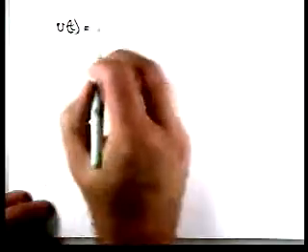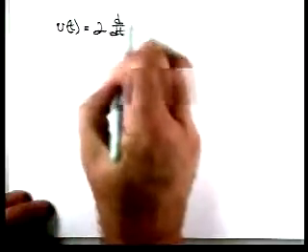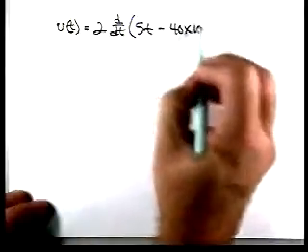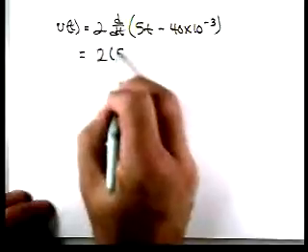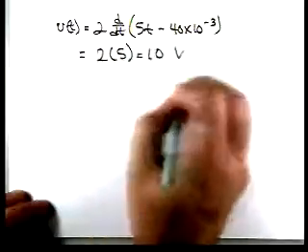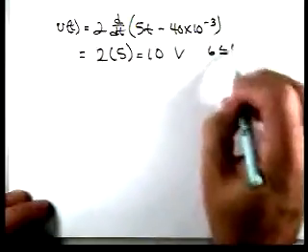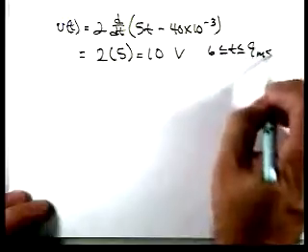Then for the next interval, we have 2 times the derivative of 5t minus 40 times 10 to the minus 3. So here we have 2 times 5, 10. So that's what it is between 6 and 9 milliseconds.